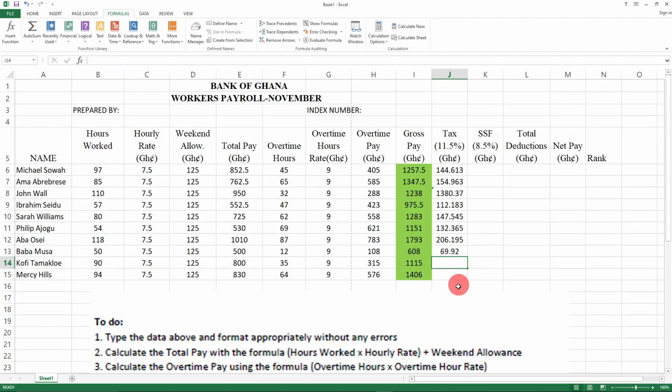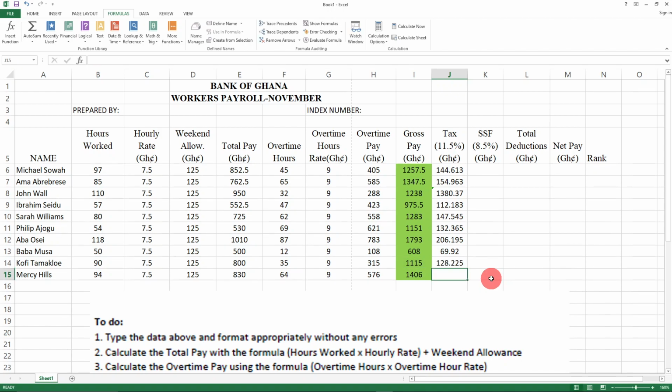So 69.92. Let's find out for Kofi. Kofi's gross pay is 1,115. So I14 times 11.5 divided by 100.